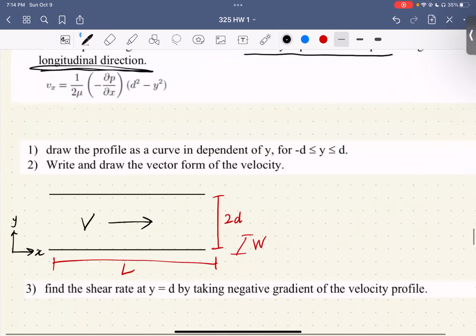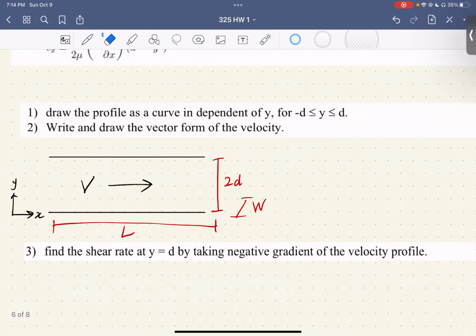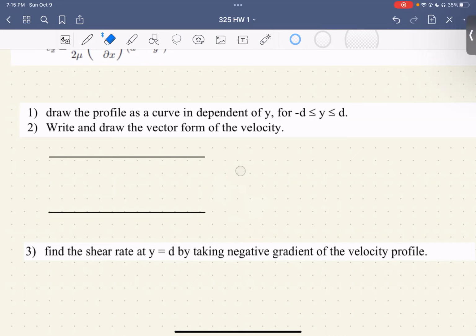So we can see in the first question, it asks us to draw the velocity profile as a curve dependent on Y. So instead of just writing the width and length right here, we can erase them for now. It's not too relevant. I'm also going to erase this and this. So instead of writing 2D, we can write it as is.